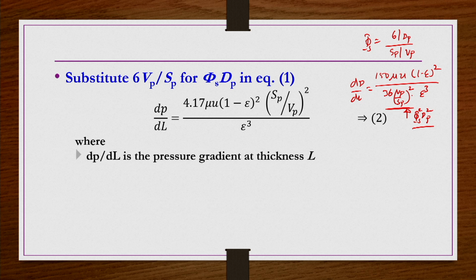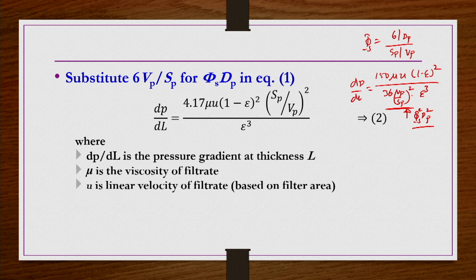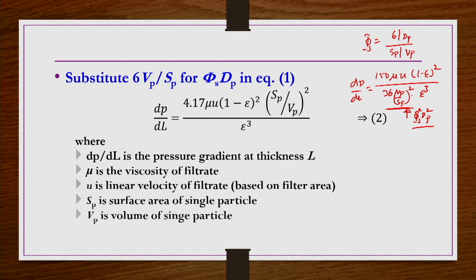Here dP by dL is the pressure gradient at thickness L, mu is the viscosity of the filtrate, u is the linear velocity of filtrate based on the filter area, Sp is the surface area of a single particle, Vp is the volume of a single particle, and epsilon is the porosity or voidage of the cake.